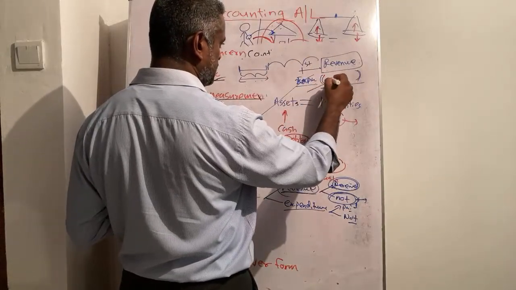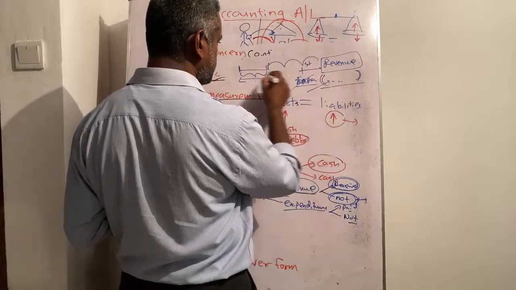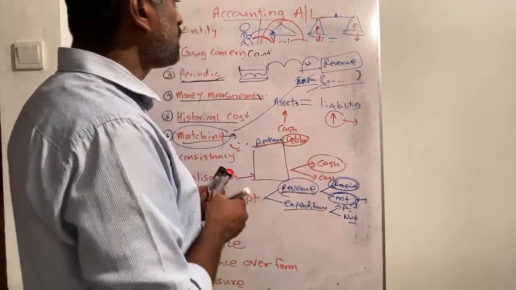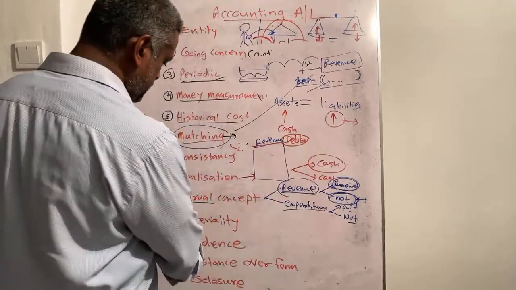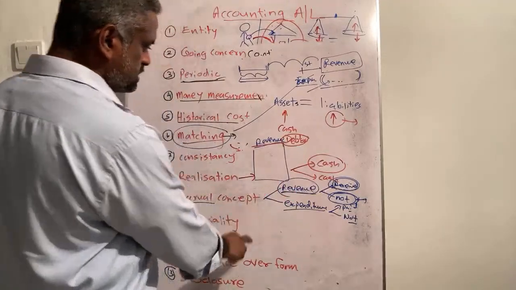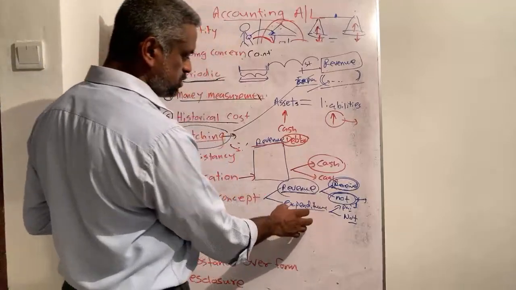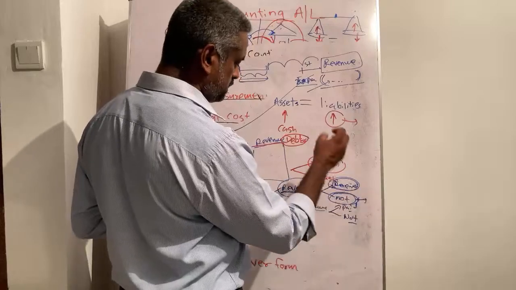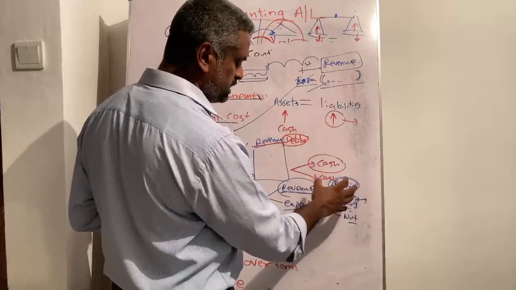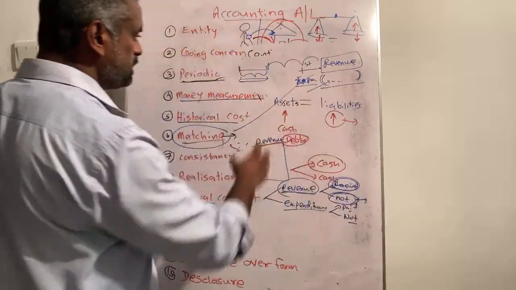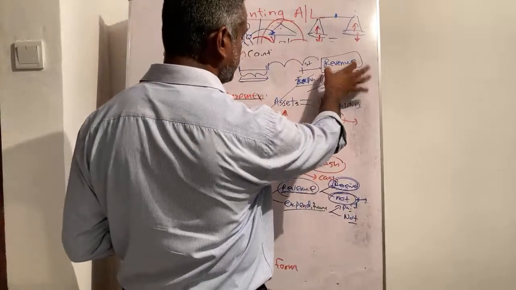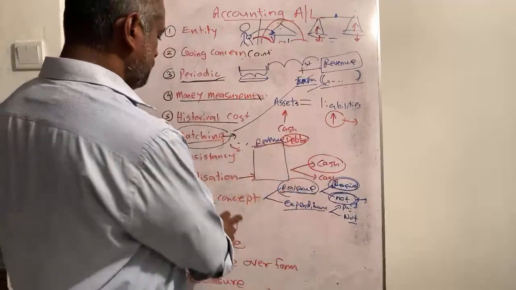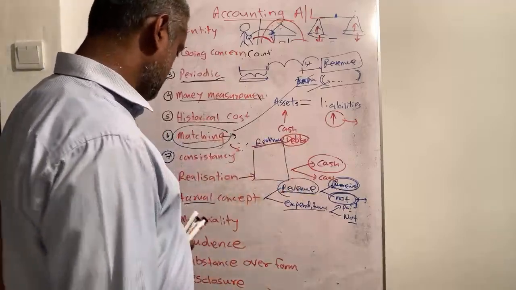Only the expenditure relevant to this period are you permitted to deduct here. Then the accrual concept is that the revenue and the expenditure you have to recognize whether received or not, but it should be relevant to the particular period and to the particular revenue generation. Relevance is the major concept here, accrual.